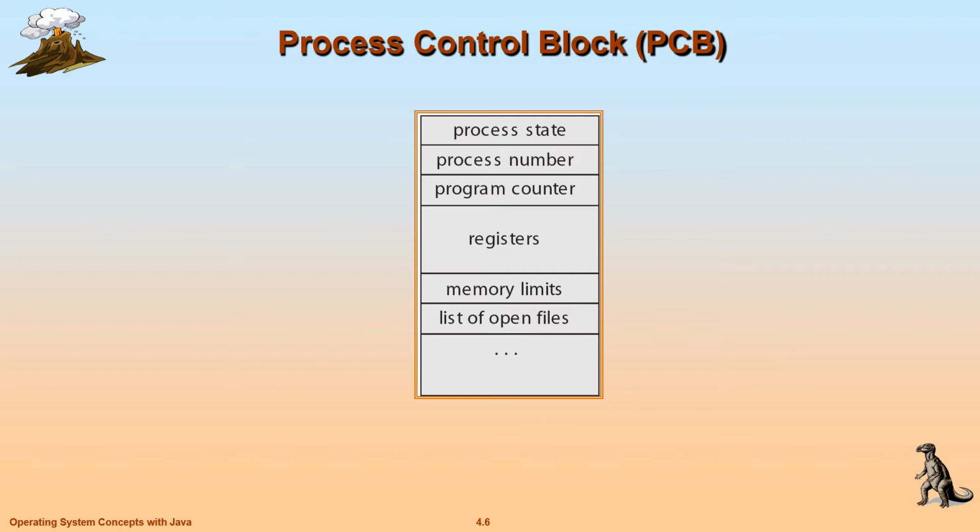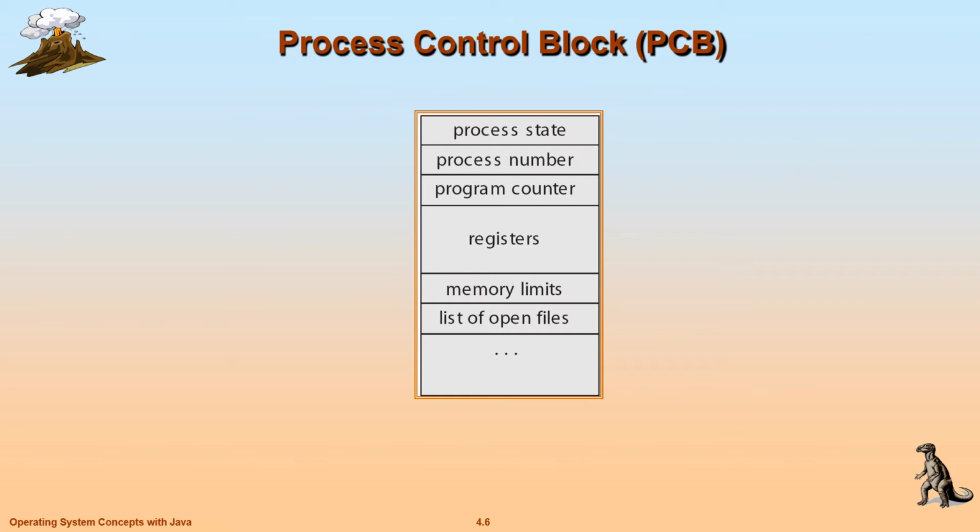These are the registers. We discussed registers like accumulators, index registers, stack pointers, general purpose registers. Memory limits: what are the base register and the limit register, and page tables, segment tables? All these will be stored here in memory limits. While executing the process, the processor should know where it is located.